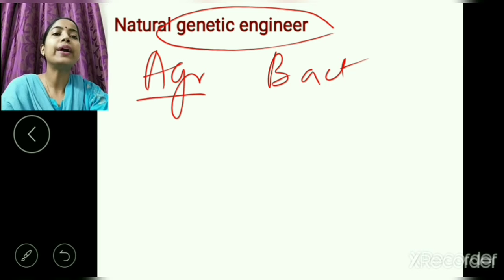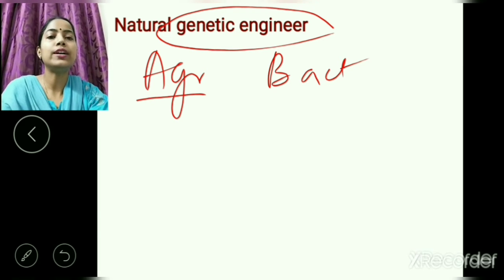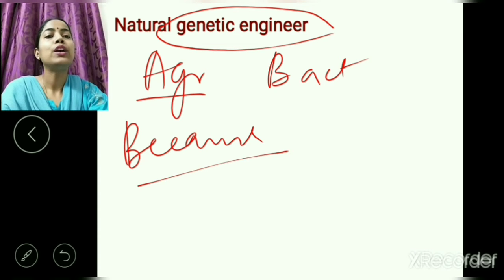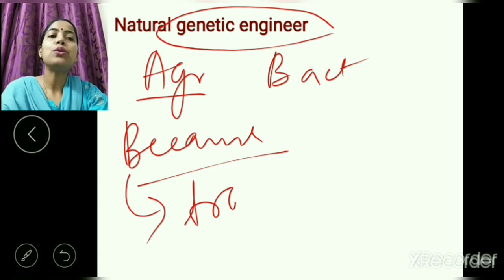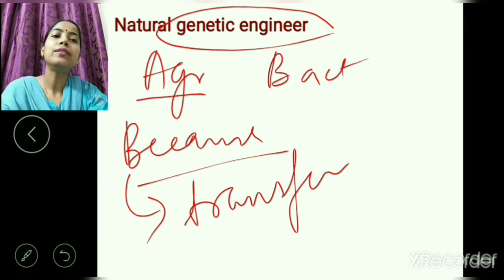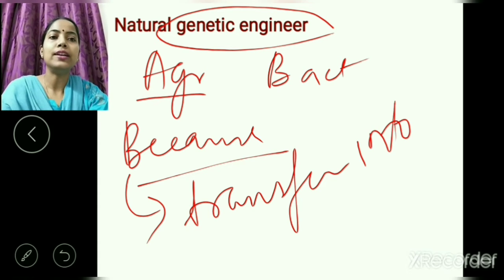These Agrobacterium tumefaciens are referred to as natural genetic engineers because they have the tendency to transfer their own genetic material into the plant cell.